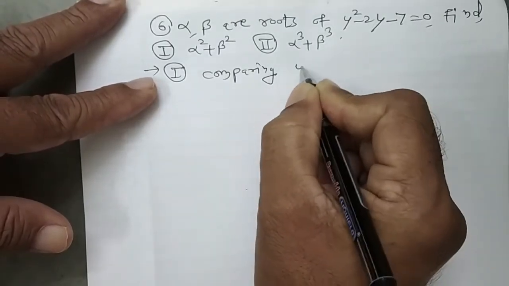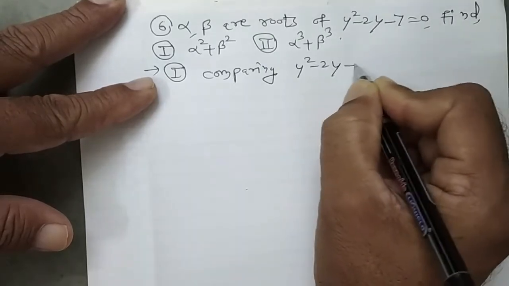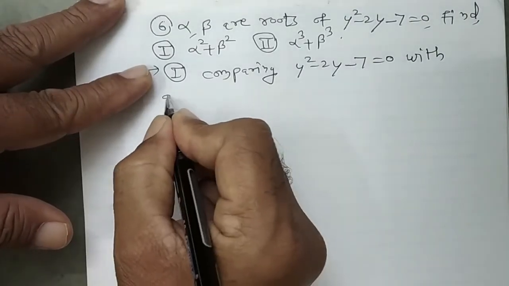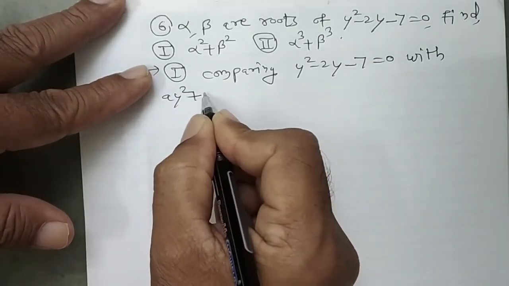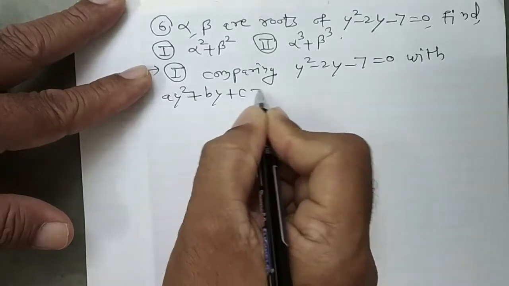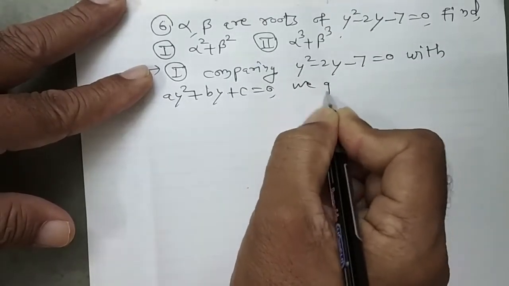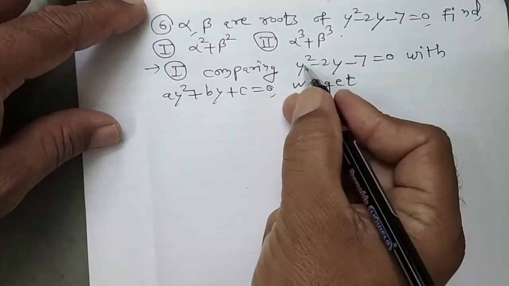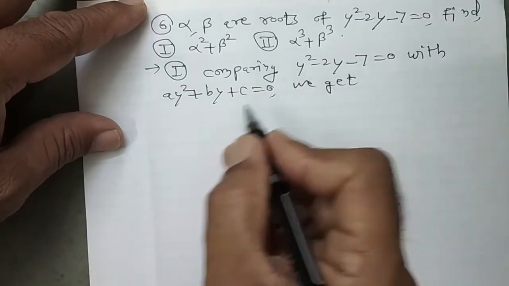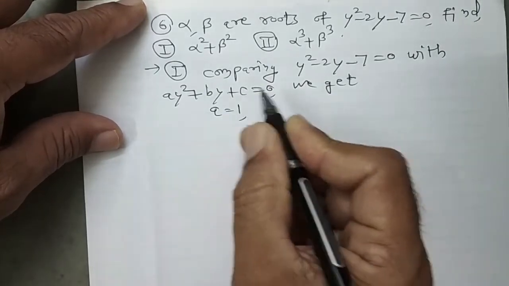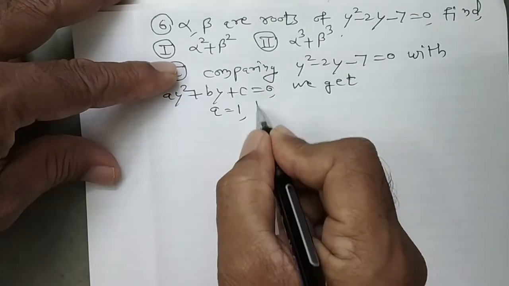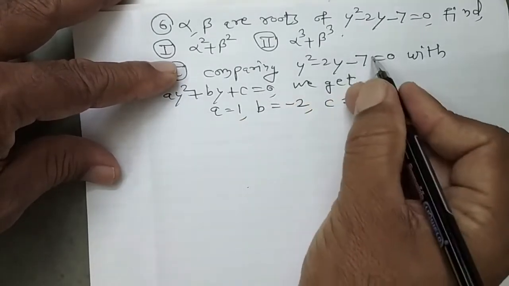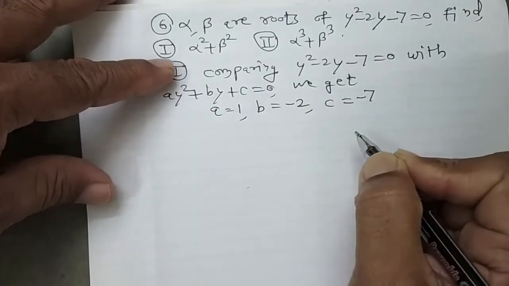Comparing y square minus 2y minus 7 equal to 0 with ay square plus by plus c equal to 0, we get, comparing the coefficient of y square, a is equal to 1, comparing the coefficient of y, b is equal to minus 2, and the constant term c is equal to minus 7.